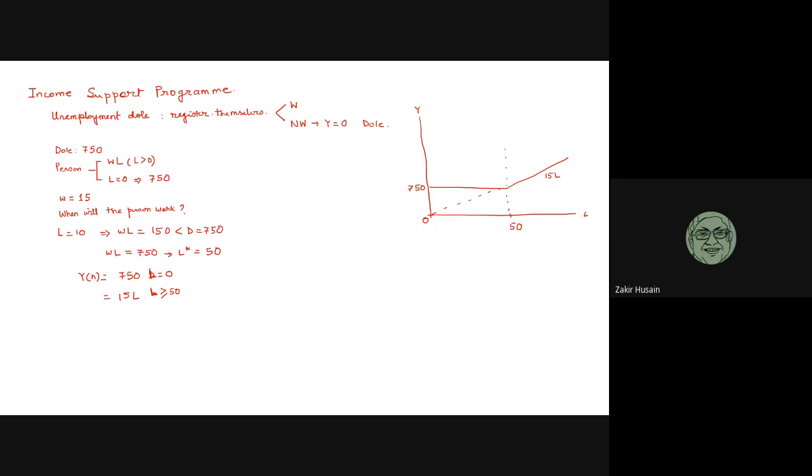Now, what is the problem with this type of income support program? Suppose we want to encourage women to work. So this unemployment dole is not for all people, but only for women. Can you tell me one very important constraint why women do not work?